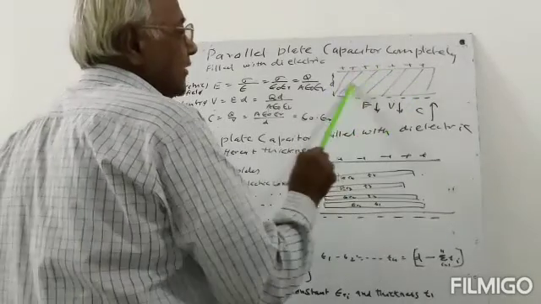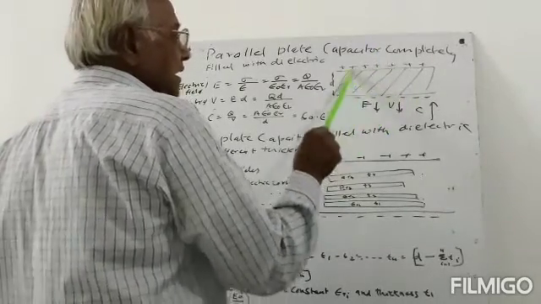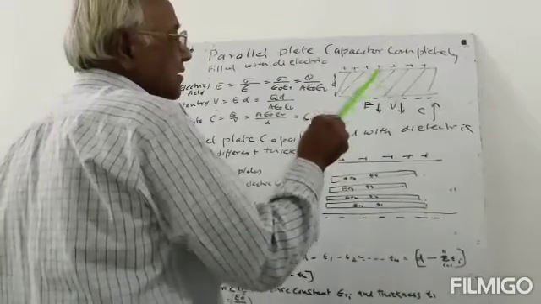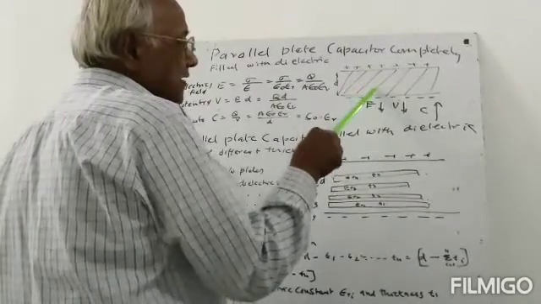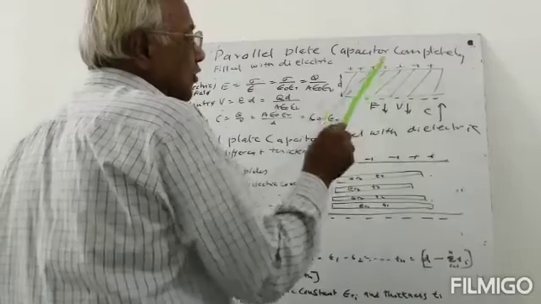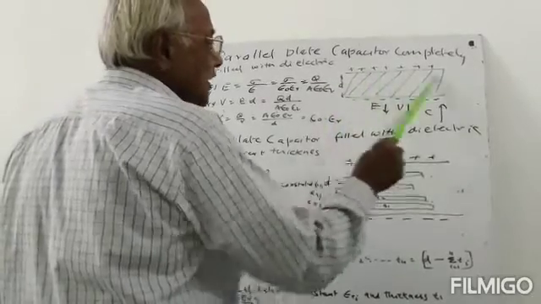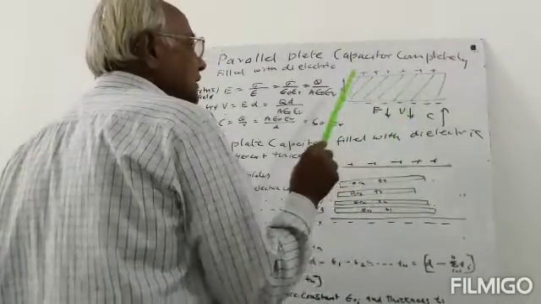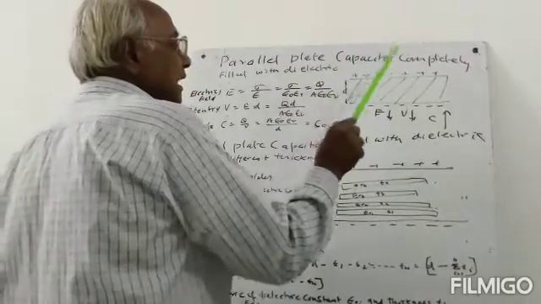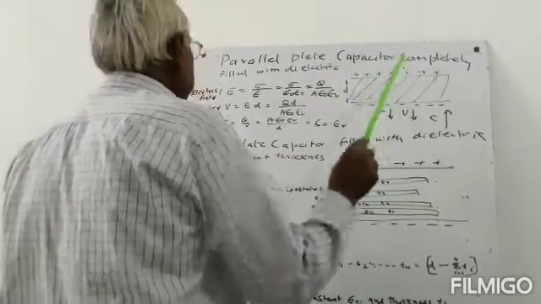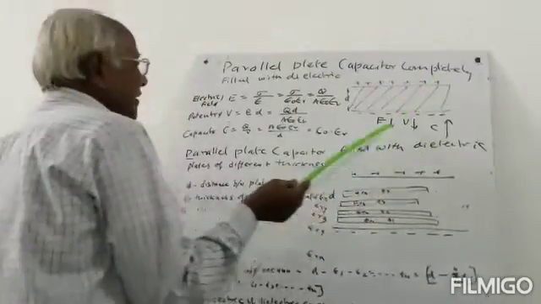So the electrical field will be only inside it. It will be due to the positive plate on this side and the negative plate. So the electrical field will exist only between the plates, in the dielectric, and will be 0 outside the plates.